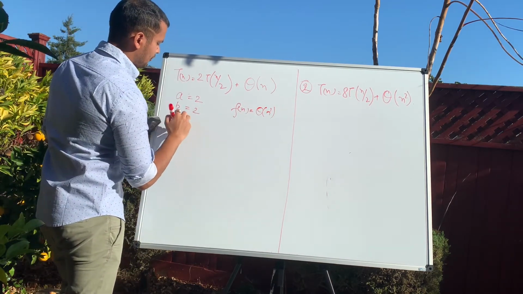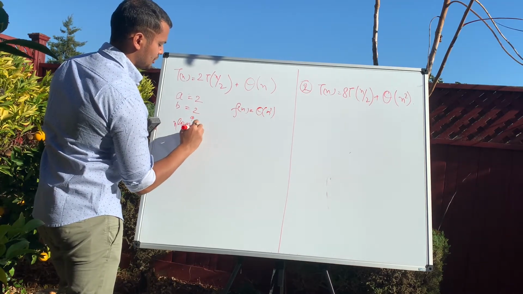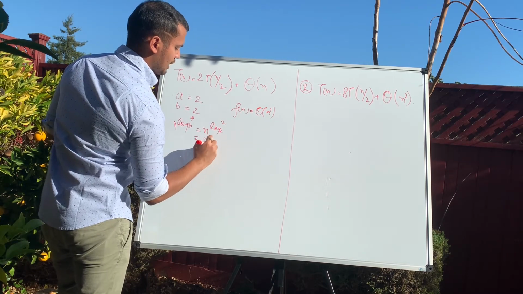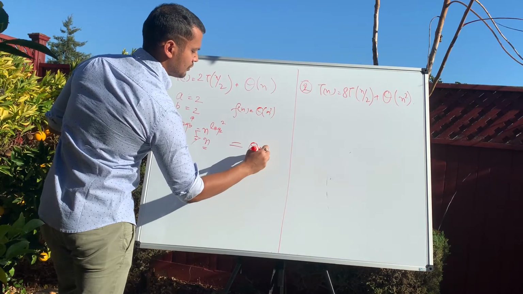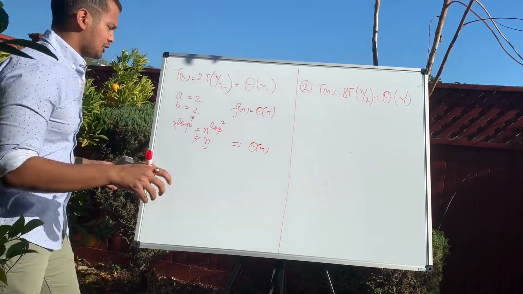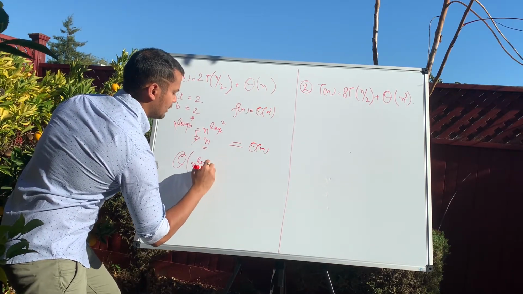So converting this one into n^(log_b a) structure, it's n^(log_2 2), which is n. And this one is equal to n over here, which means we'll apply the second case of Master Theorem, which is n^(log_b a) log n.